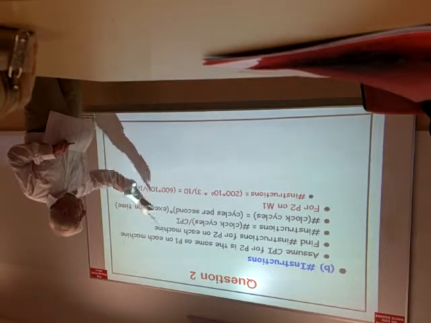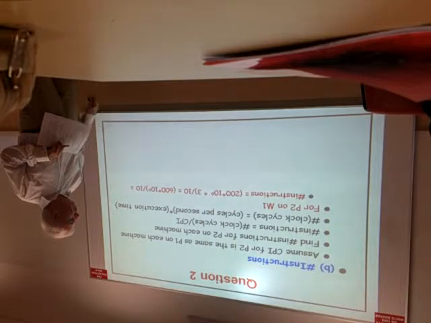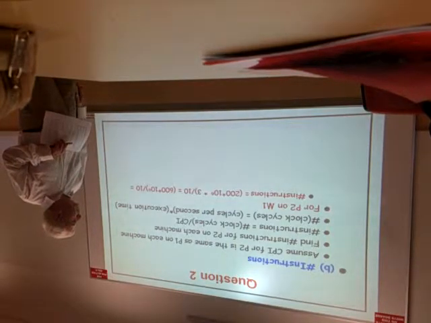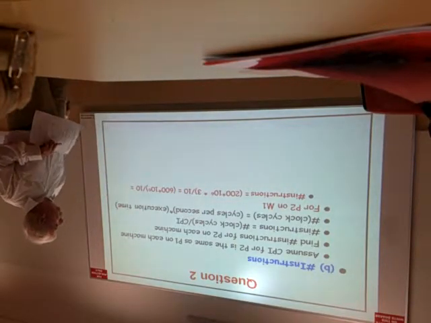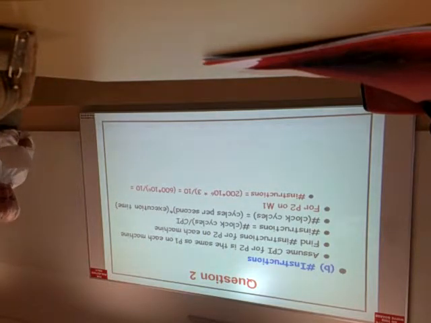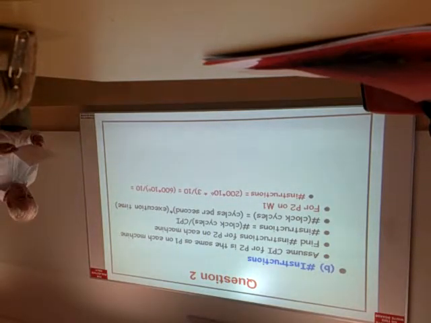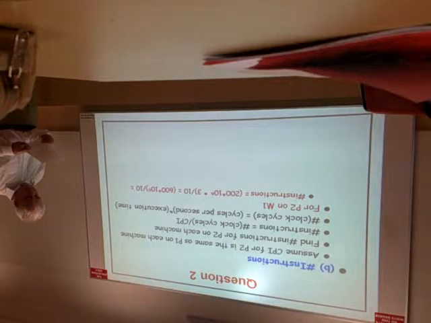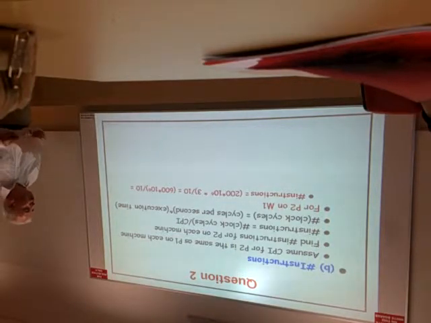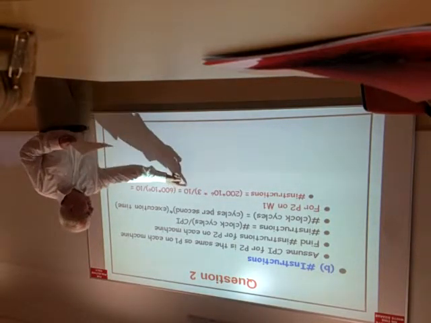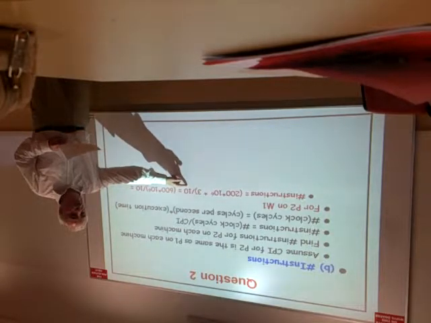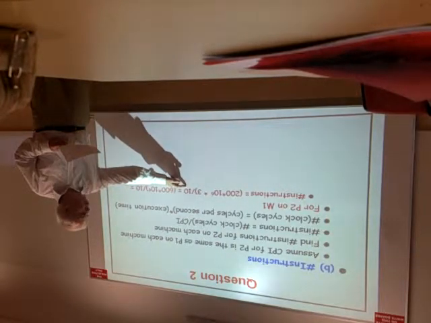And then we're told that the CPI for P2 is the same as the CPI for P1. And if you remember from part A of the question, we calculated that the CPI is 10 for machine M1.